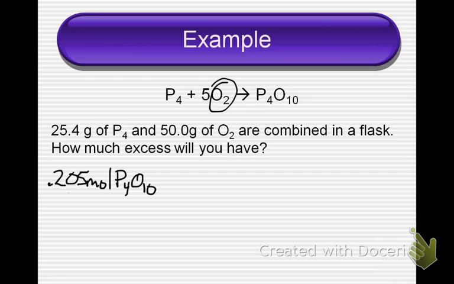So we already decided we can only produce 0.205 moles of P4O10. So we're going to convert that back to the excess, and the excess is O2. So there was 1 mole of P4O10 for every 5 moles of O2.